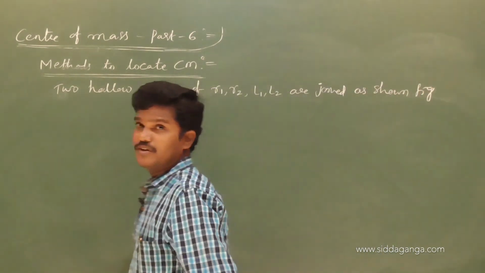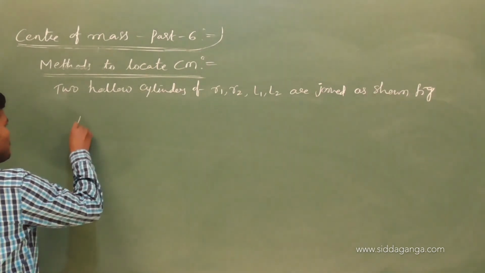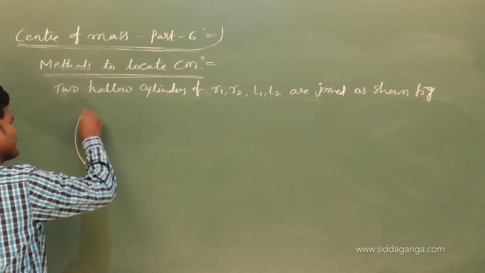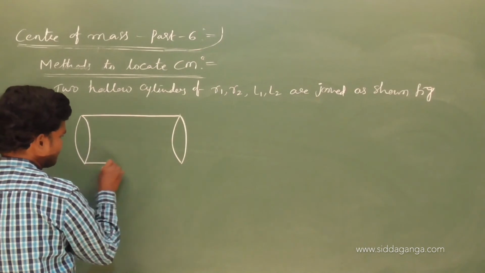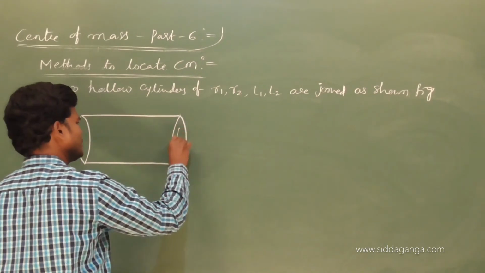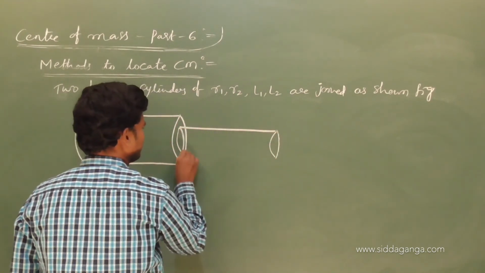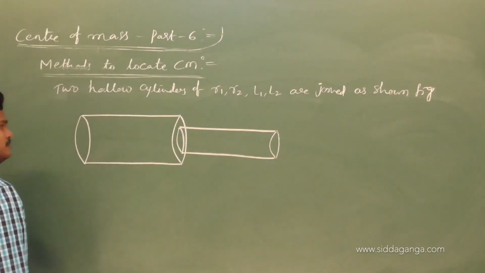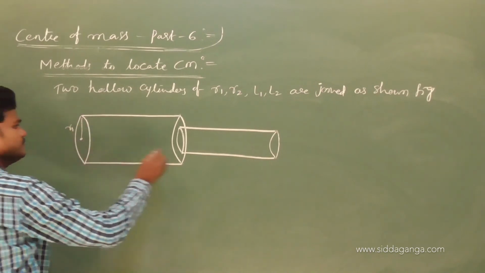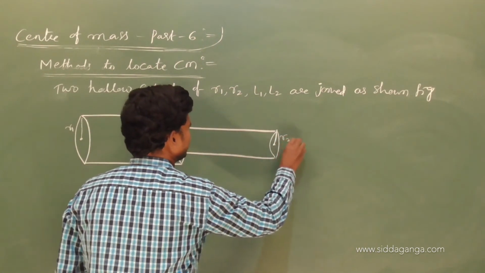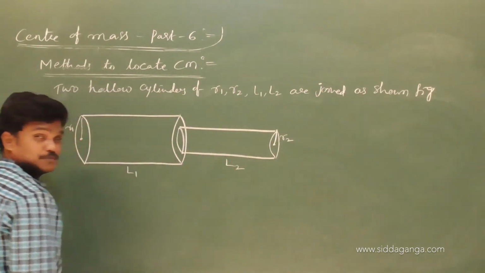Let us see how they are going to join. See, this is one cylinder, and one more cylinder is joined like this. This radius is R1, this radius is R2, length is L1, length is L2.